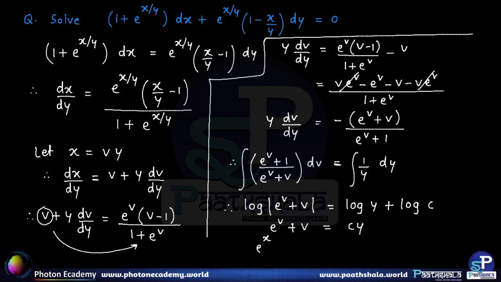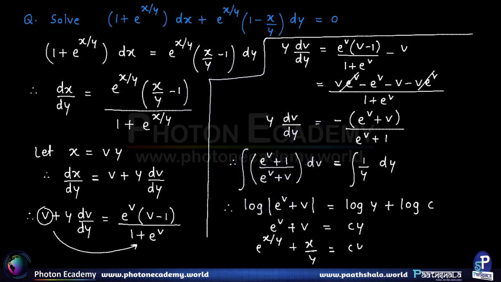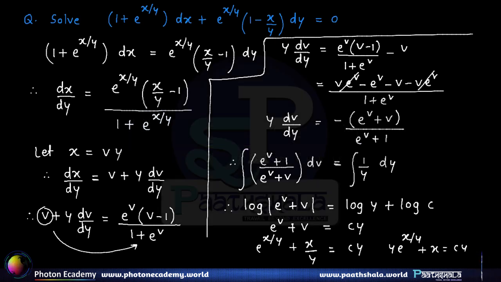So we have e^(x/y) + x/y = c/y. If you want, we can multiply throughout by y, and we will get y e^(x/y) + x = c. So that's the solution of the given differential equation.